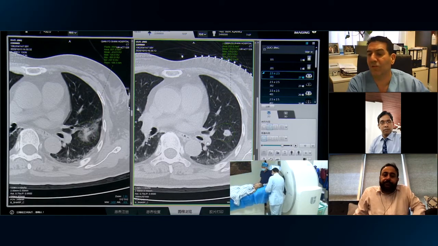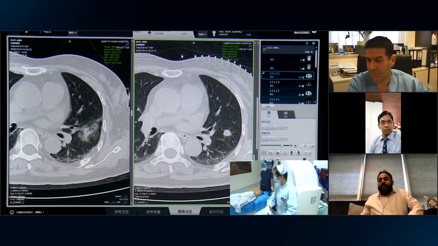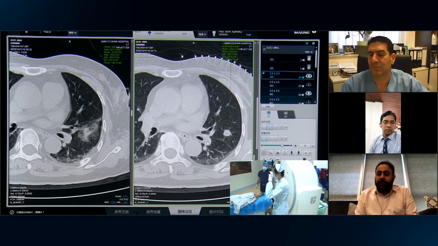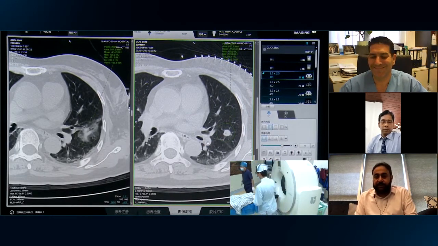There is another question as to how many metastatic lesions would you treat? It depends on the definition of oligometastatic disease in your center. It is an ever-expanding number. It started with 3, 5.